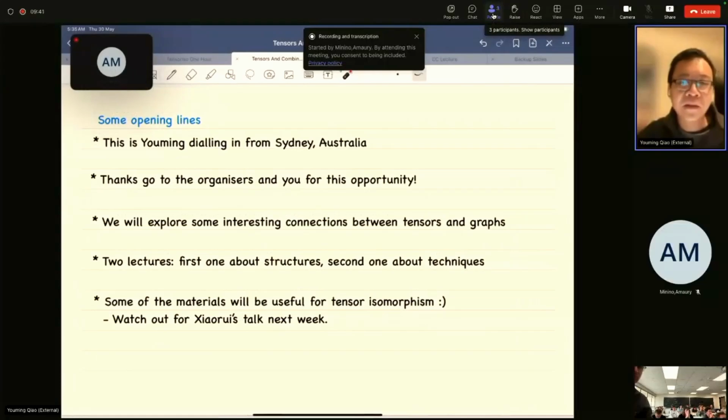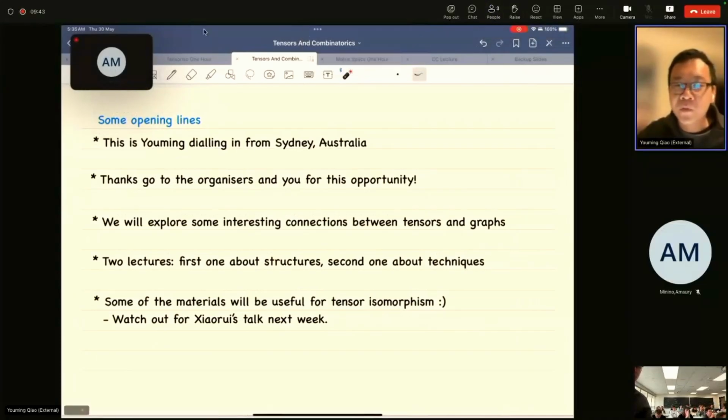And some of the materials will be used for tensor isomorphism. I was hoping that you would have seen the tensor isomorphism by now, but I checked the schedule and it seems that the tensor isomorphism stuff will go after my lecture. So I will also introduce what tensor isomorphism is, from a very naive computer science viewpoint.